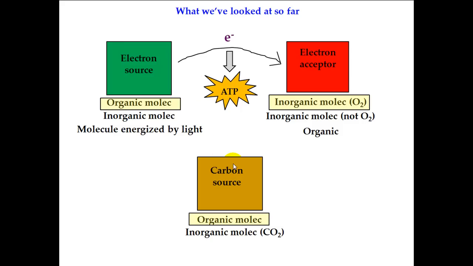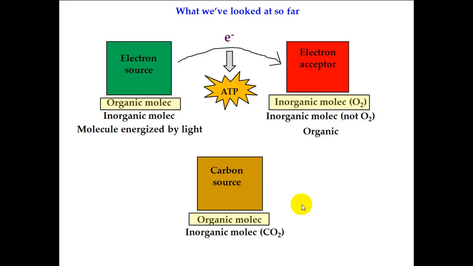Glucose happens to be organic, right? So if a cell is using glucose as both an electron source and a carbon source, then it would be described as a chemoorganotroph and a heterotroph. You can combine those terms and just call it a chemoorganoheterotroph.